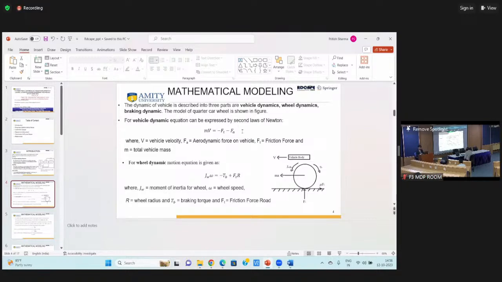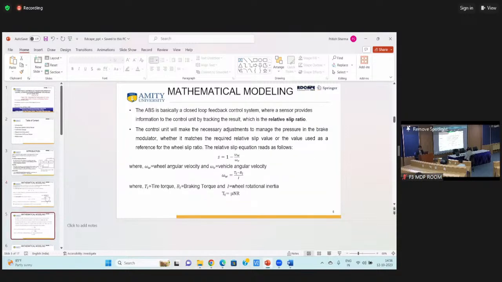In the vehicle dynamics, we are taking some basic Newton's law, and in the wheel dynamics we are taking the moment of inertia, and we have given some basic moment of inertia to that vehicle, and we have some initial speed on which the simulation model is being tested. As we know, the basic anti-lock braking system is a control loop feedback system.